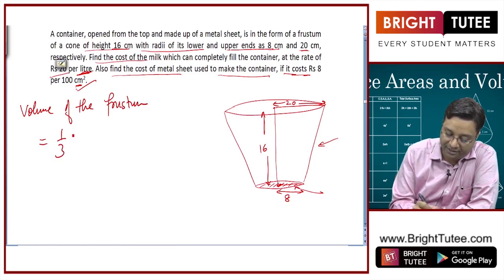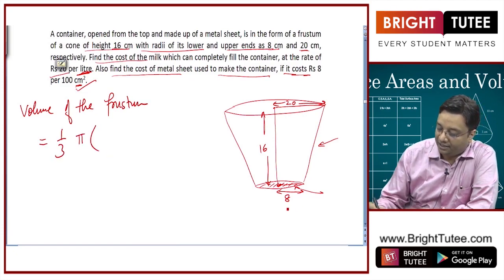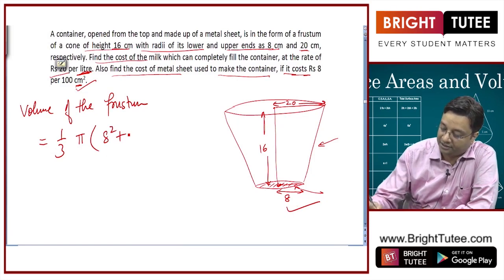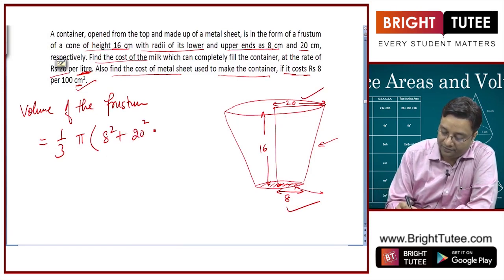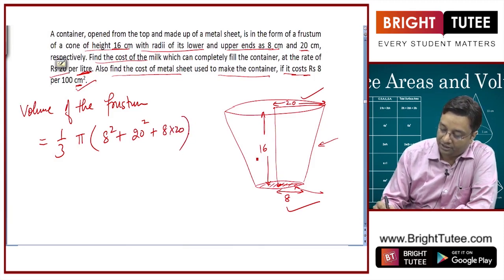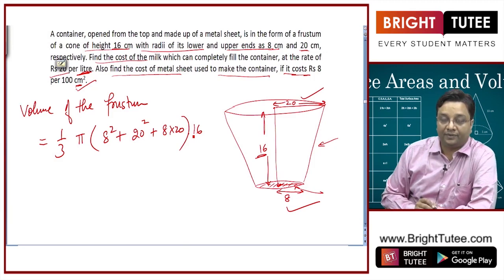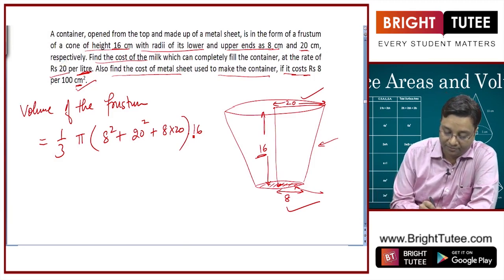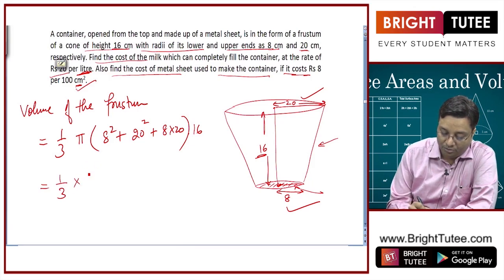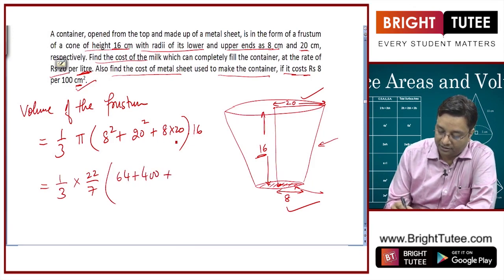It is equal to 1 by 3 pi, r1 square plus r2 square plus r1 into r2, into the height. This will be the volume of this frustum. So it is equal to 1 by 3 into 22 by 7, this is 64, this is 400 and this is 160, into 16.